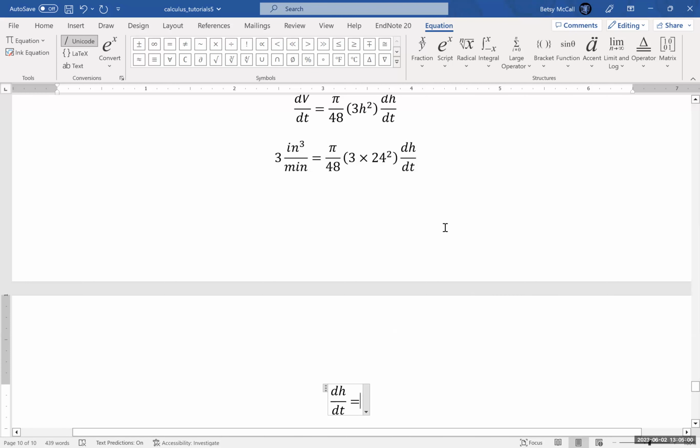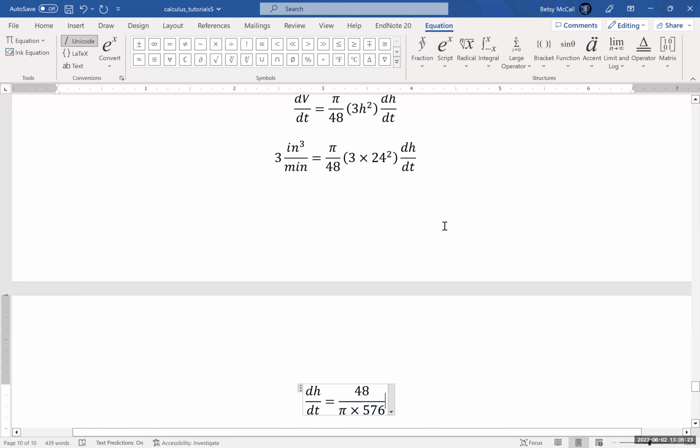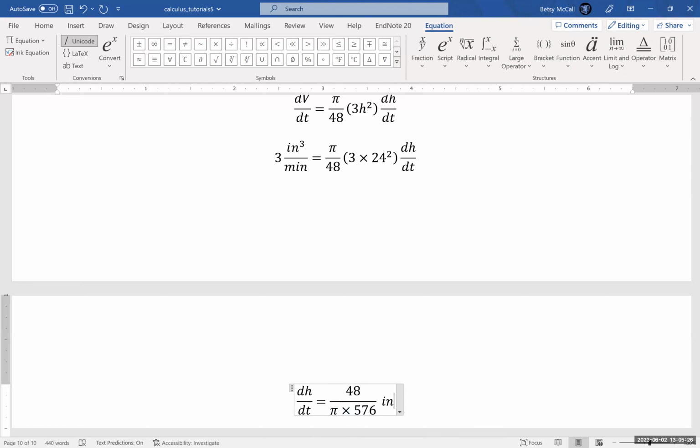So we move them over to the other side, we get 48 divided by pi times 576 in the denominator, inches cubed per minute.